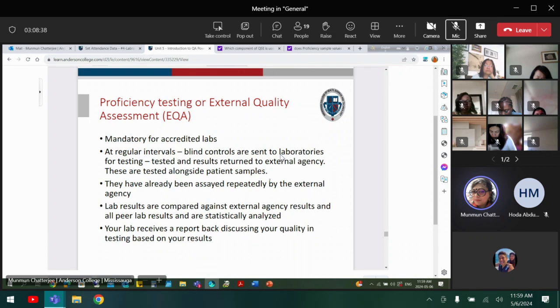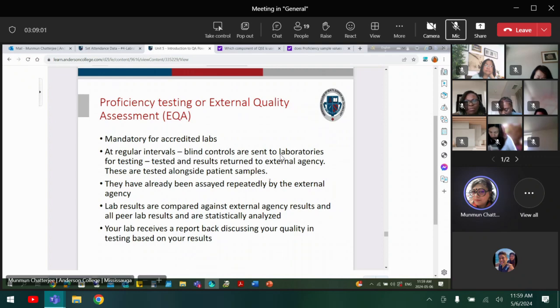The external agency that sends the samples knows the results or the value, because this is a control, a blind control. These control values are tested with the different laboratories side by side with the patient samples. Then they see what the discrepancy is.